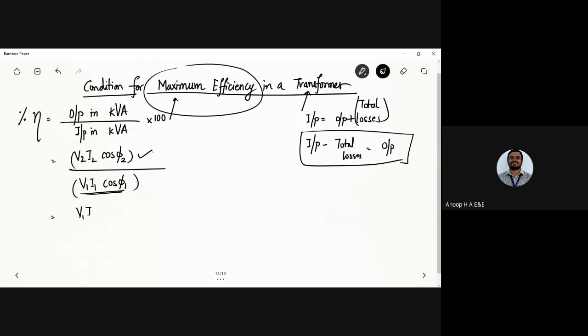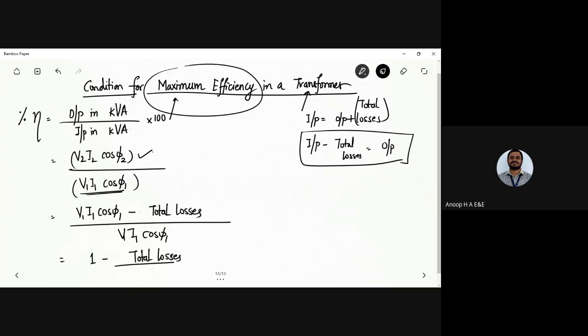This one output, what I'm going to write here, would be V1 I1 cos phi 1 minus total losses divided by V1 I1 cos phi 1.